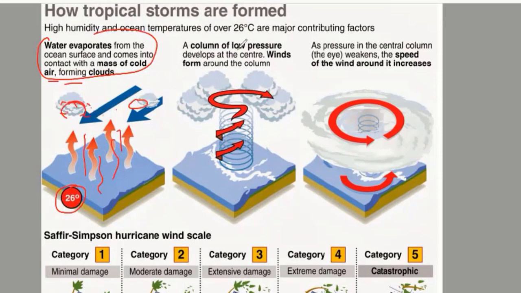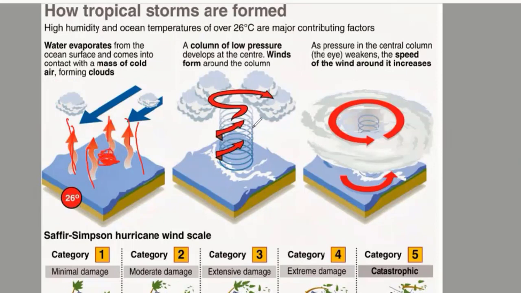Number two, a column of low pressure develops in the center. When it comes to the center here, because the air is moving in this direction, in the center there is low pressure. For example, when the air rises, the water vaporizes up, up, up. So in the center, somewhere here, you will find that the air pressure becomes less.